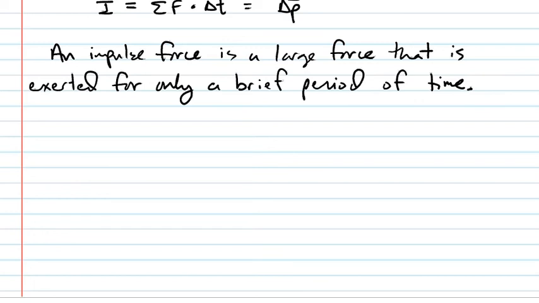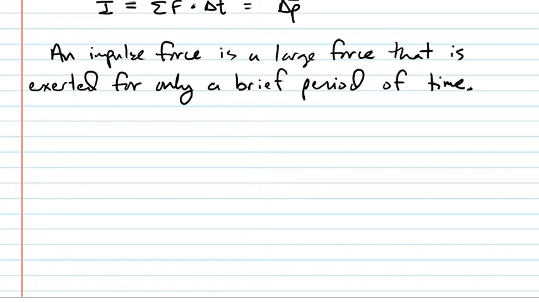For instance, colliding with a tree, driving a car, hitting a tree. Please avoid that. But that is a huge force. No matter what other forces are acting on the car at the time, the force from the tree, the impulse force, is absolutely huge compared to the others.